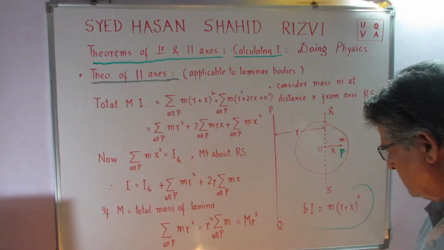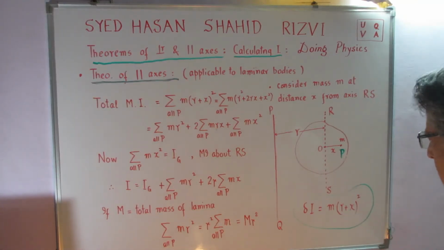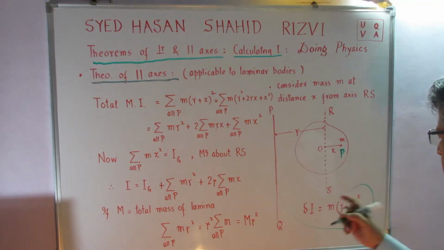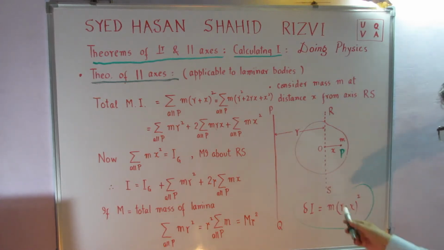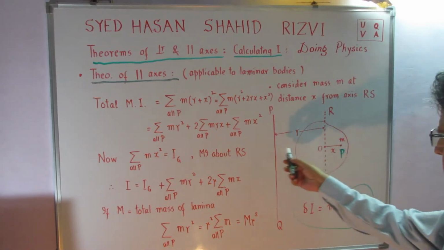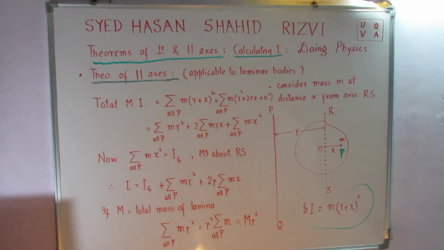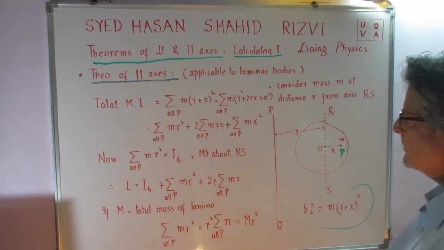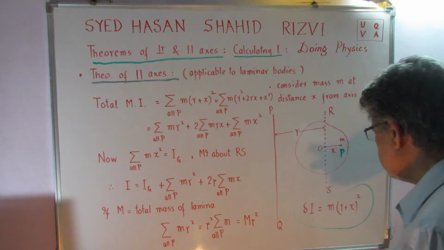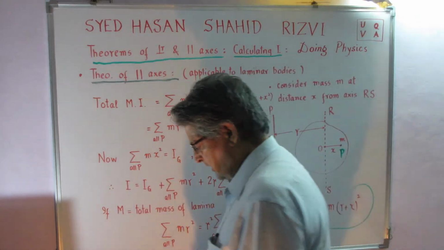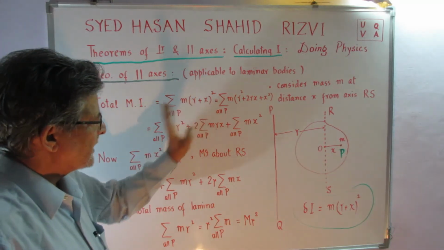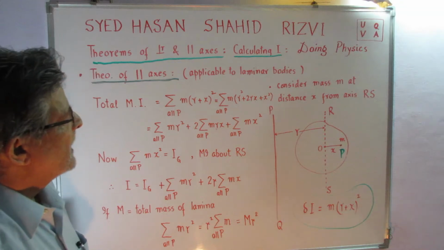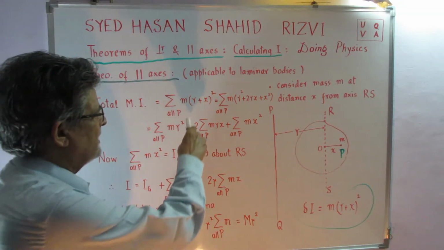So we saw that by definition the moment of inertia of this mass m about this axis is equal to its mass multiplied by the total distance from here to here, which is r plus x whole square. I am writing it again for all the points: the total moment of inertia is the summation over all the points of m into r plus x whole square. So this I can break.